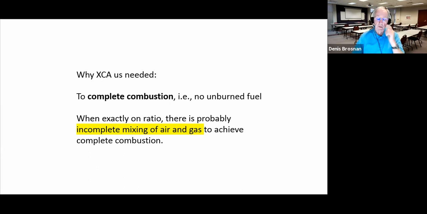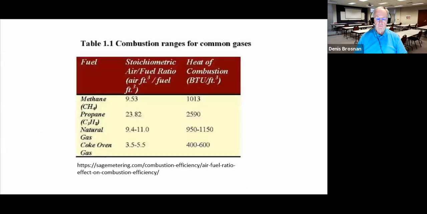So we have to add a little extra air in order to do that. And so that's really the reason we use excess air: we need a little excess air to be sure that we've provided enough air for each unit volume of fuel to get complete combustion.